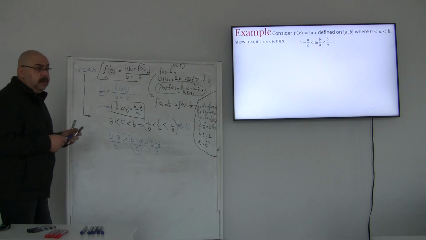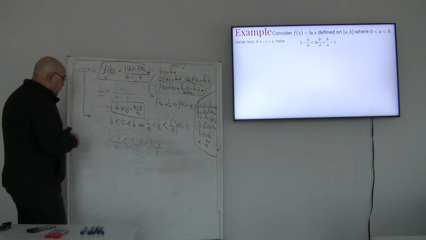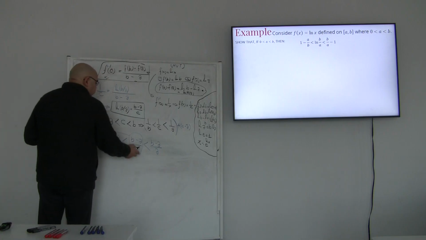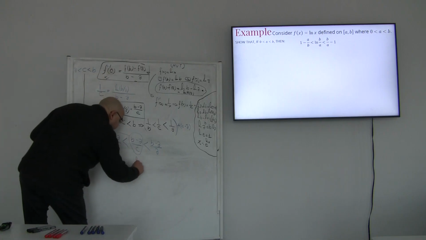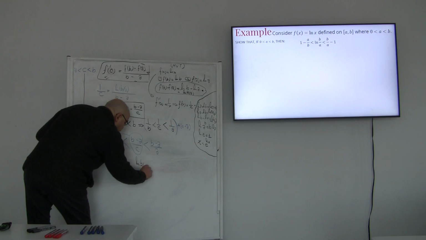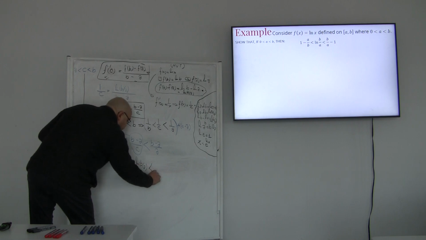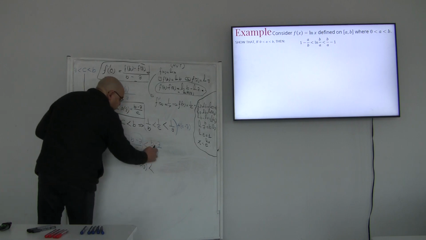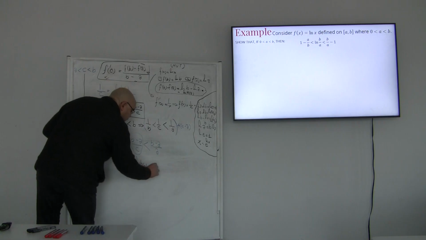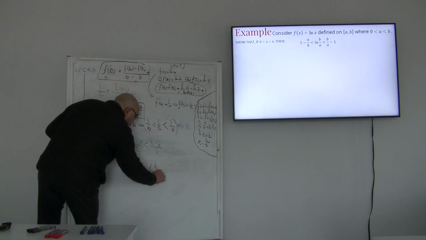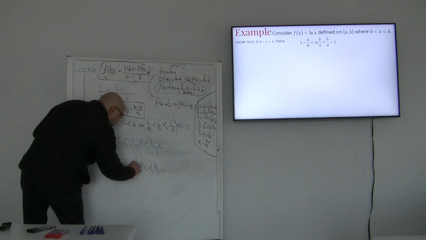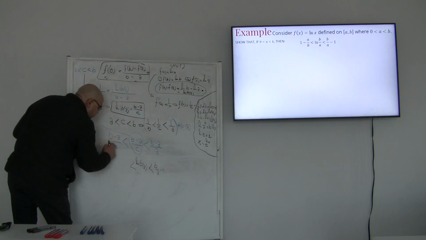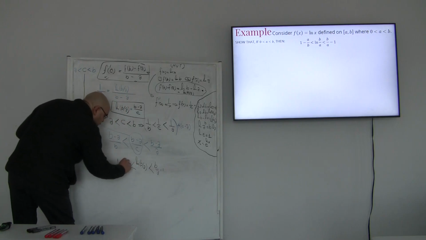Now I'm sure we are on the right track, because we can replace this value by ln b over a, which is less than, if we simplify this value, b over a minus 1, and it's greater than b over b, which is 1 minus a over b.